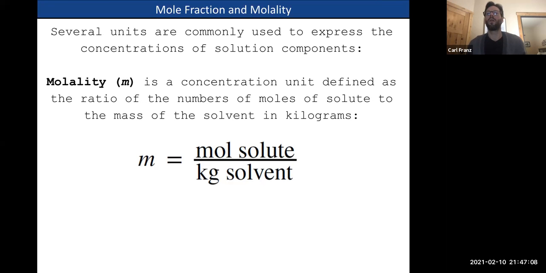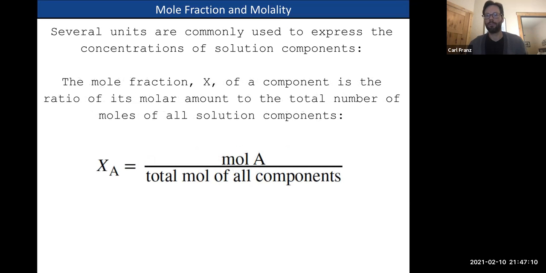Know mole fraction, okay? And again, you can calculate the mole fraction of the solute or the solvent, right? It just depends on what the question's asking for. So in this numerator, mole A, that A refers to whatever you're wanting to find, either the mole fraction of the solute or the solvent.